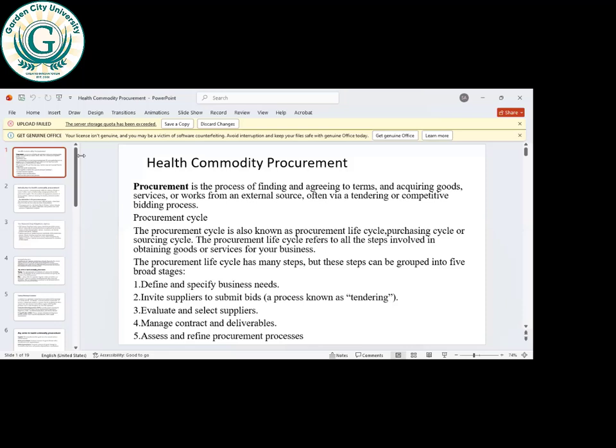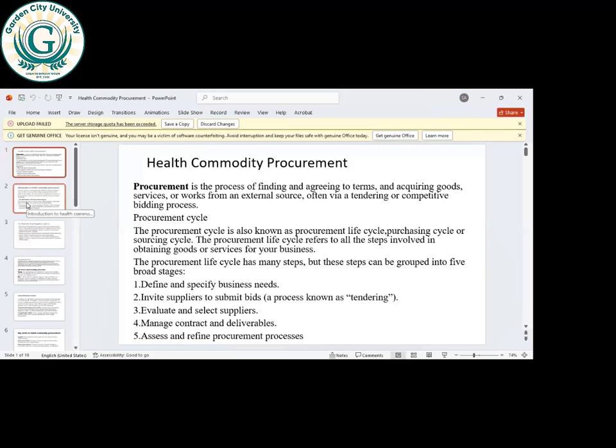So you need to assess and then refine procurement processes, because every day new things come up, and so after each process, you need to evaluate it. You need to do a critical assessment to see that everything went on well. If not, you change some of your tactics or processes.